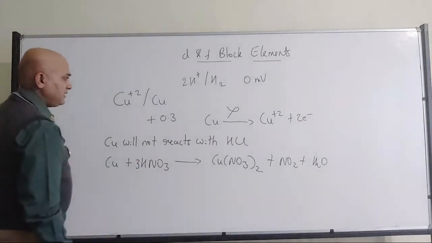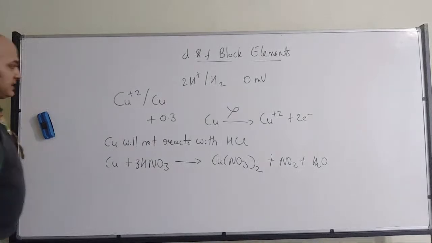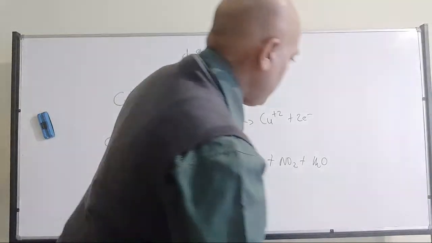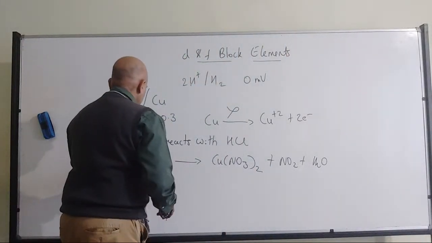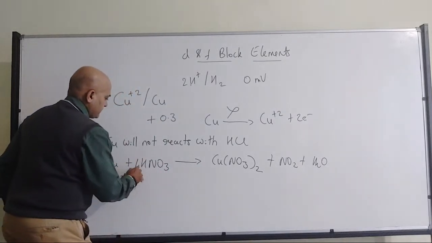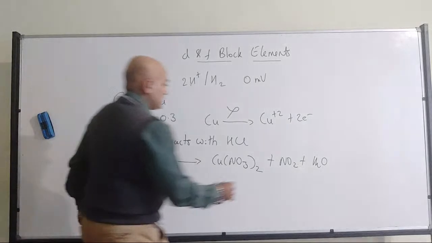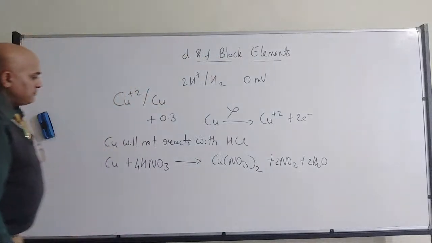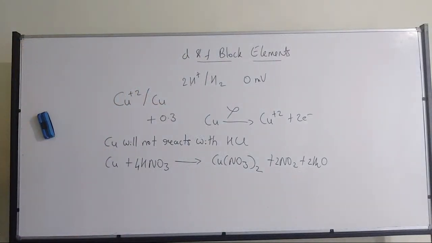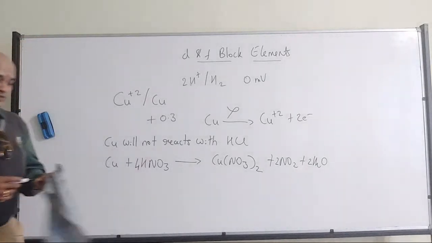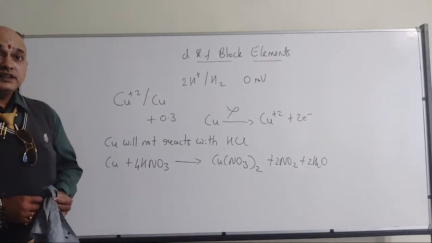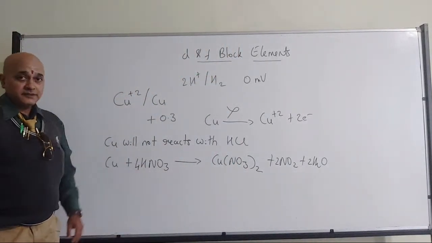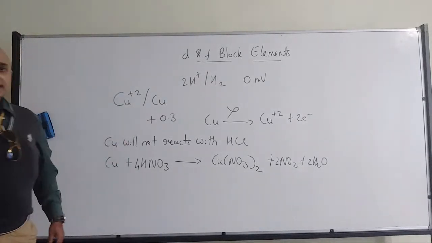If I make it as 3, whether it is balanced? Nitrogen will not get balanced, so we cannot go with the 3. So I will make it as 4. 2NO2, 2H2O. I think it should be balanced. It's balanced. So that's where we have the reaction. Now, same copper is going to react with concentrated HNO3. It's not going to react with HCl.